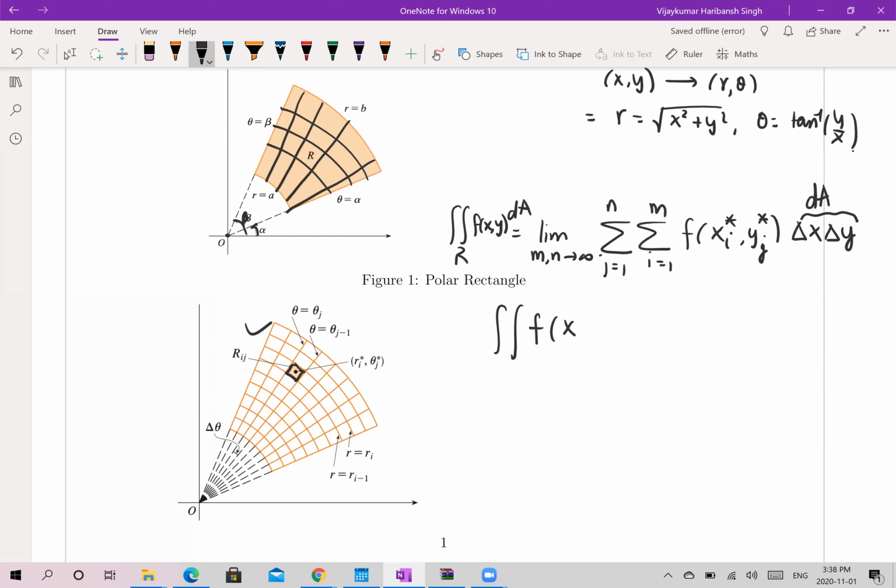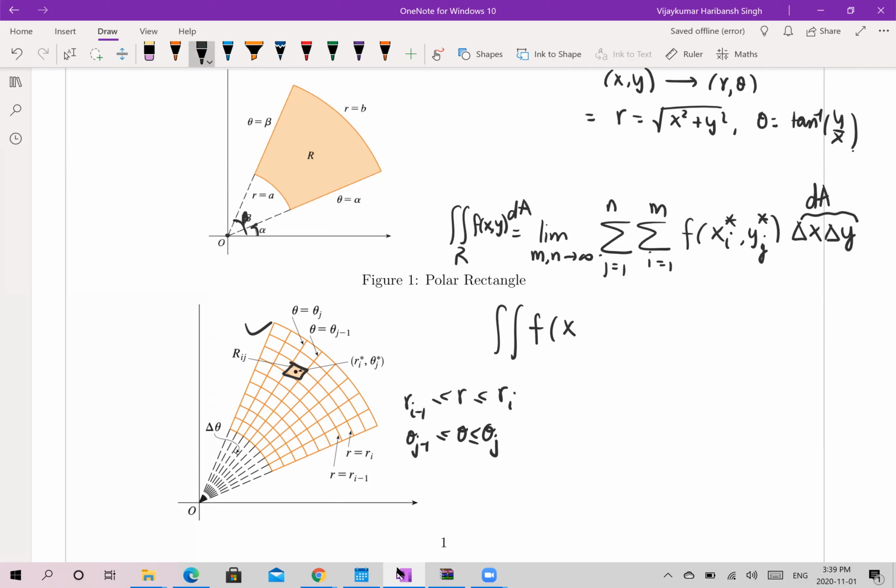And then what we do is the following. In this rectangle, r is between r i minus 1 and r i, and theta is between theta j minus 1 and theta j. So you get this rectangle.